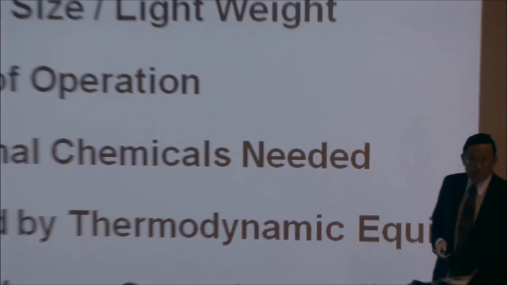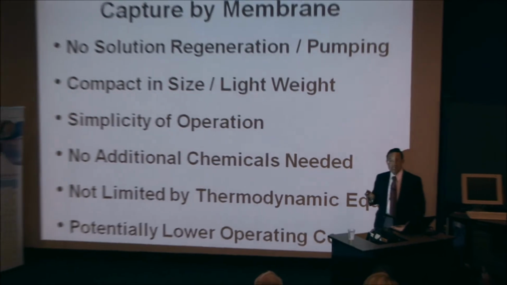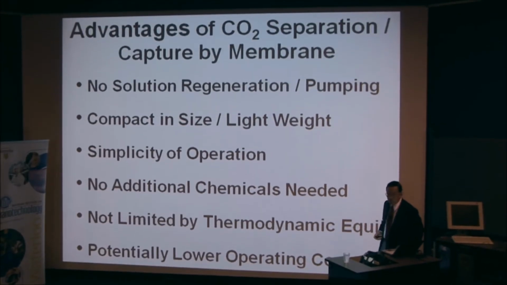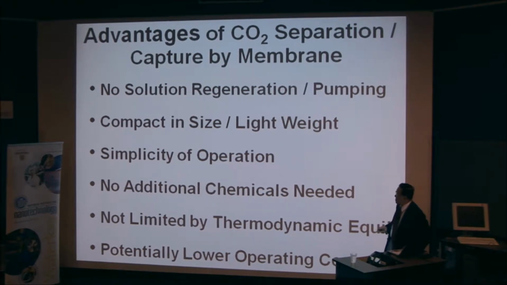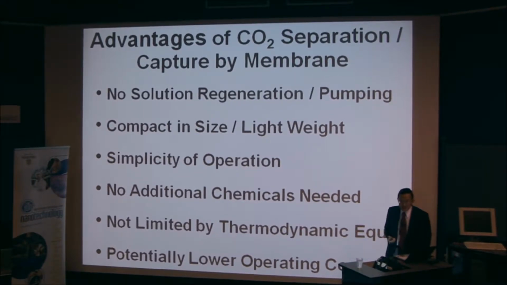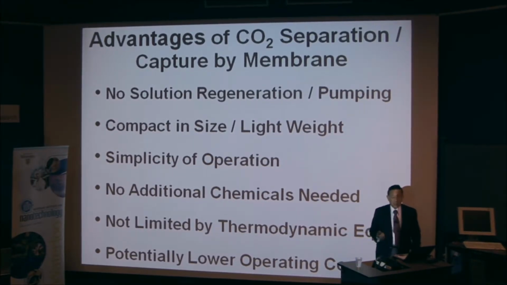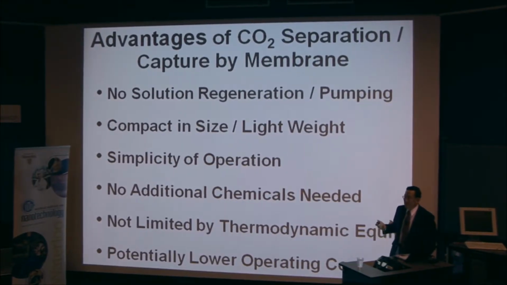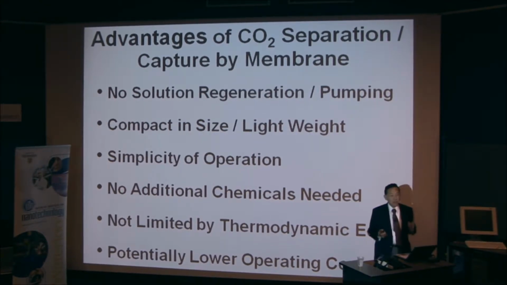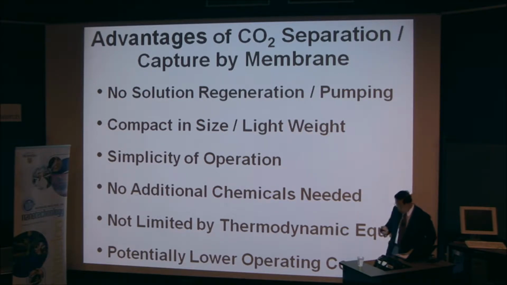You may ask what the advantages are of using the membrane process versus the amine scrubbing. First of all, there's no solution regeneration involved. In the membrane process, both absorption and regeneration take place simultaneously, one on the feed side and the other on the permeate side.